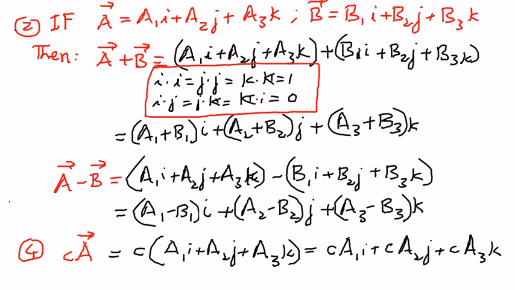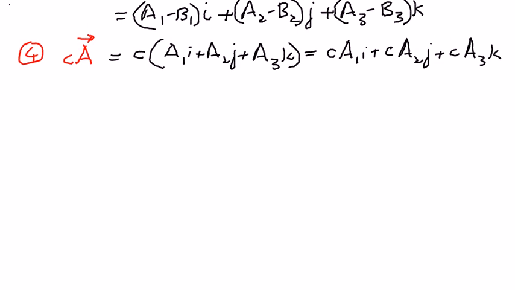That's the way we can show that property, and this property is called the scalar multiplication property. So we have seen how to do addition of two vectors, subtraction of two vectors, and scalar multiplication of a vector.